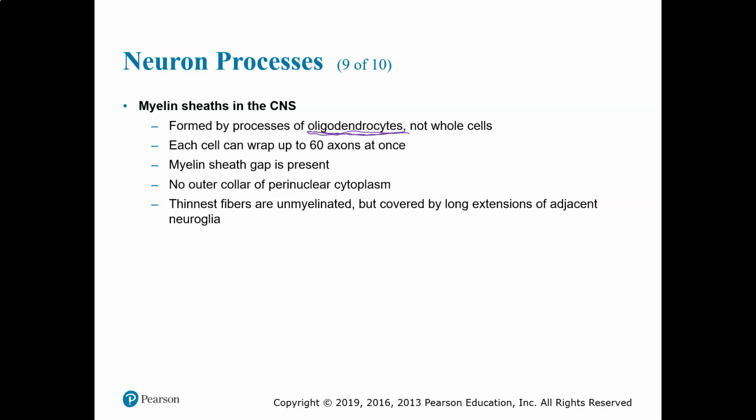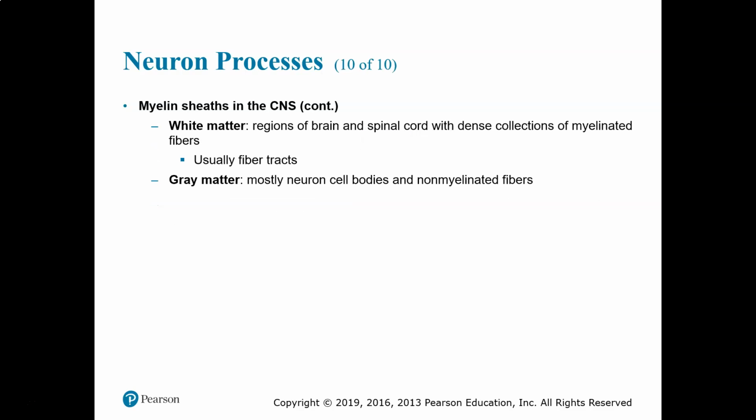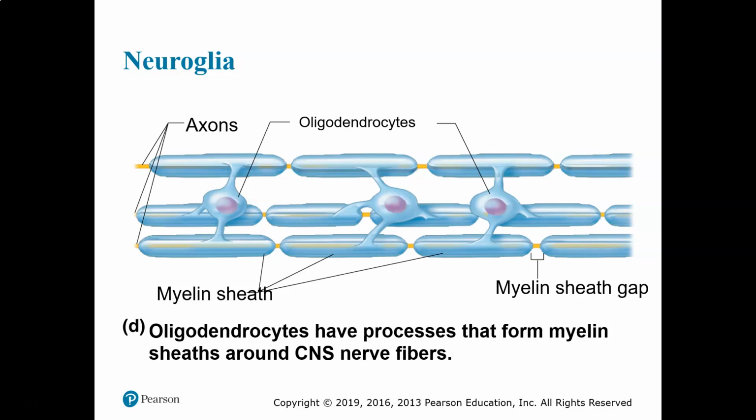So the entire cell does not, it's just a process of the oligodendrocyte that forms the myelin sheath. You see how this is the cell and the nucleus, and it's just the processes of the oligodendrocytes that form the myelin sheaths around the axons. And then again, we have a myelin sheath gap. That's called the same thing in the central nervous system, a node of Ranvier.